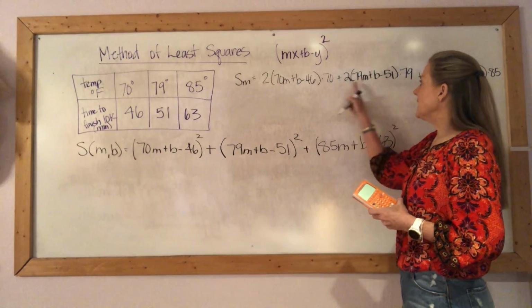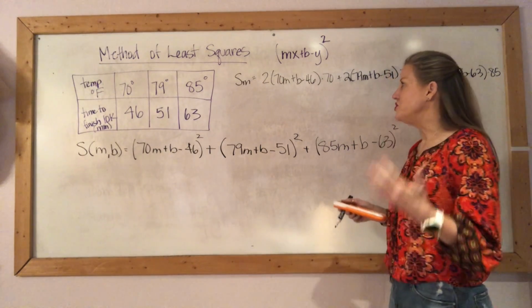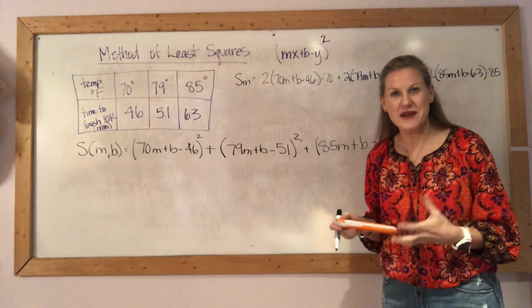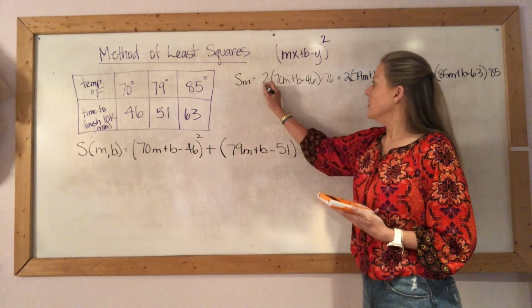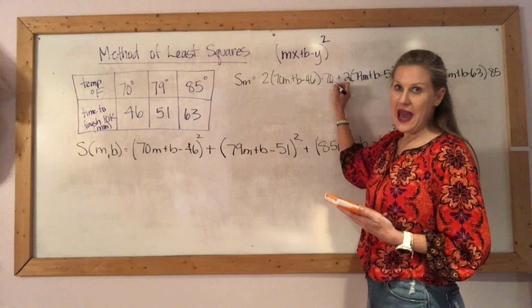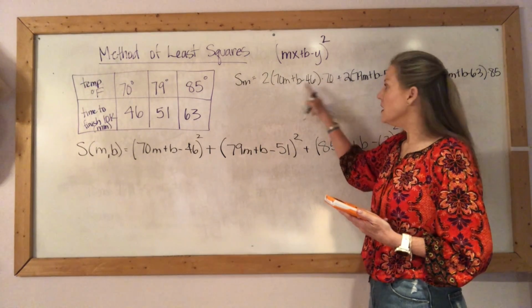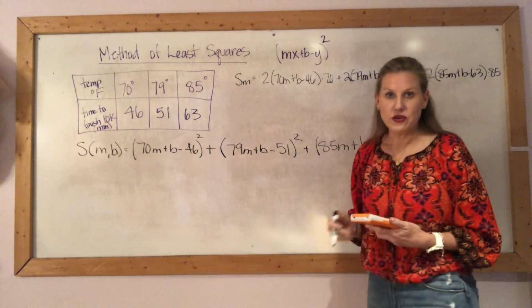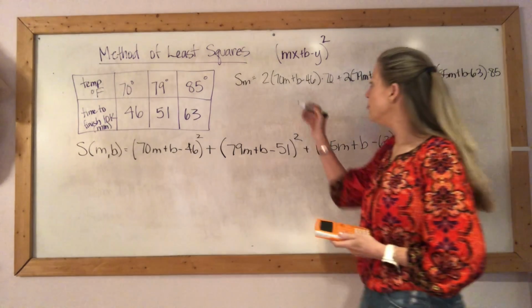So I'm going to clean each one of these up because I want to combine all my like terms. Here, be careful, I've got a 2 in the front and a 70 in the back. So I'm going to do 2 times 70, which is 140. Distribute that all the way through. These are just long, and the algebra is very simple.